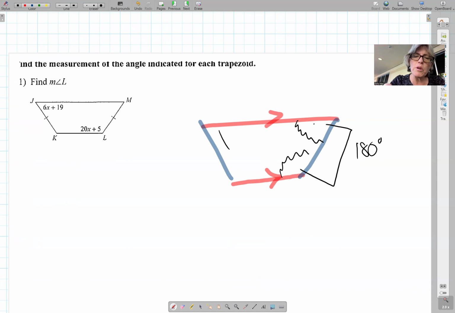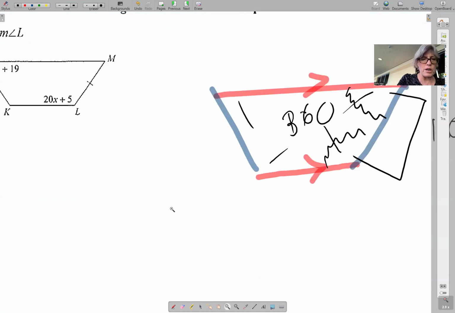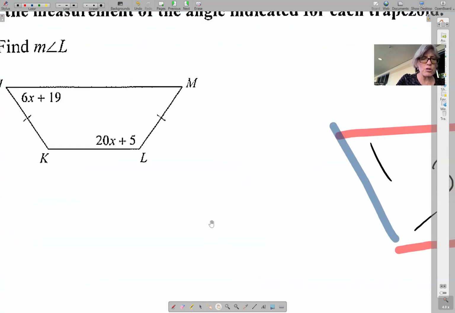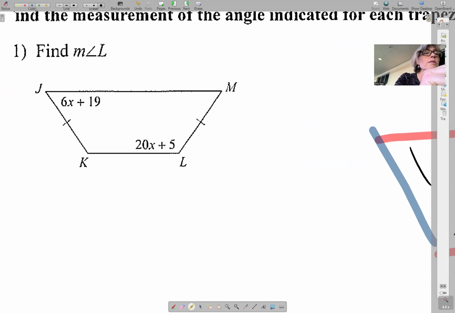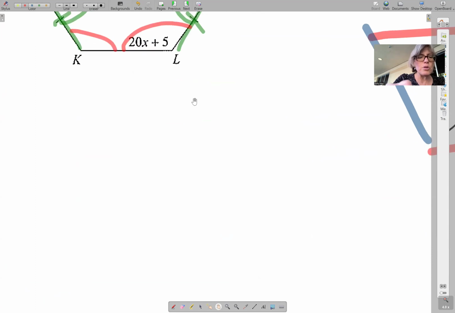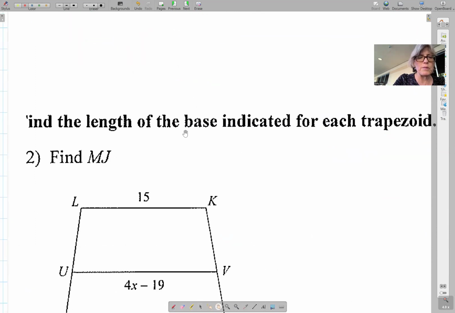Another thing to remember is all four, of course, still add up to 360. In this particular case, you also have an isosceles. So you have two equal sides. You're going to have two equal angles. Two equal sides, two equal angles.